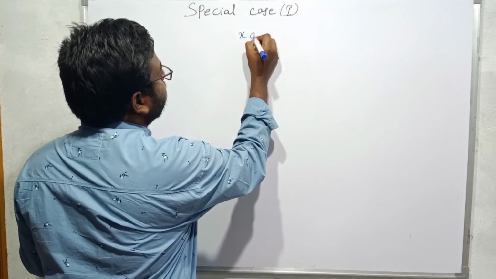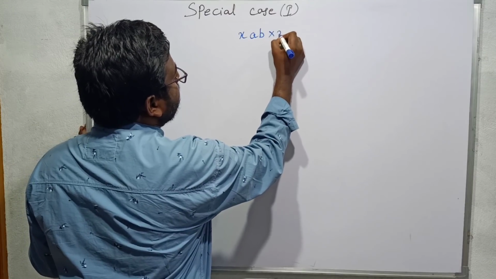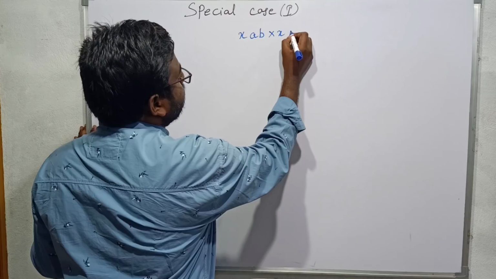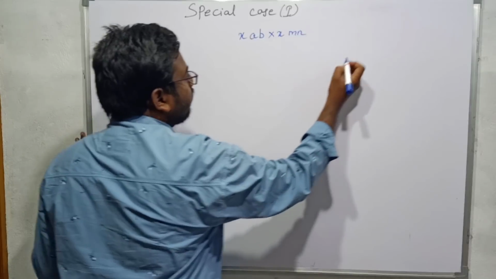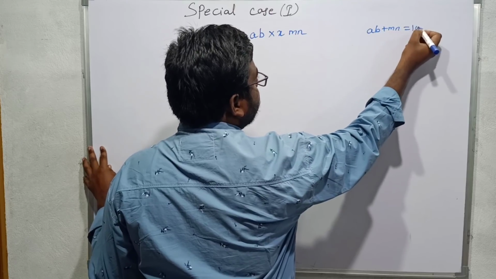The expansion of the previous one, xab into xmn, where ab plus mn is equal to 100.